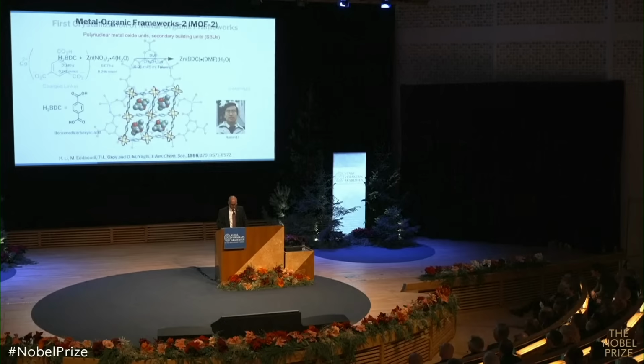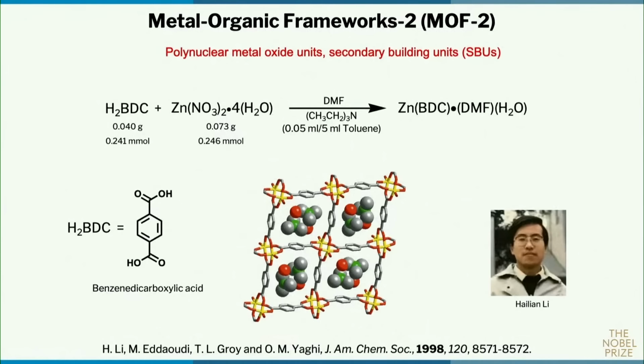And then Halian came in and developed a recipe that would always give you crystals, okay, most of the time, let's say. If you were working with carboxylate and transition metals, you use this recipe or a slight modification of this to make crystals. And here you can see he made well-known junctions, like this paddle wheel, well-known in inorganic chemistry, but now it's linked by organic.